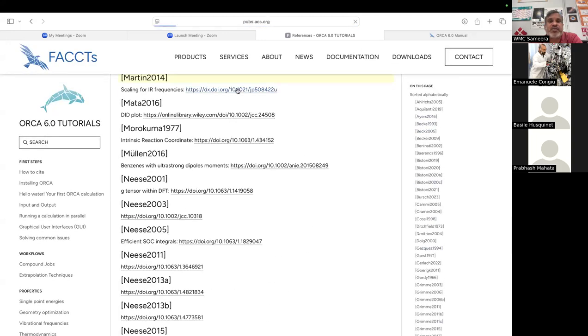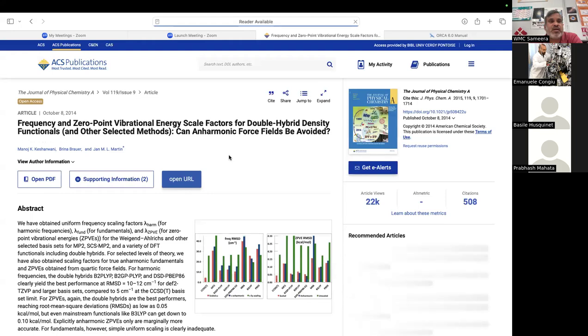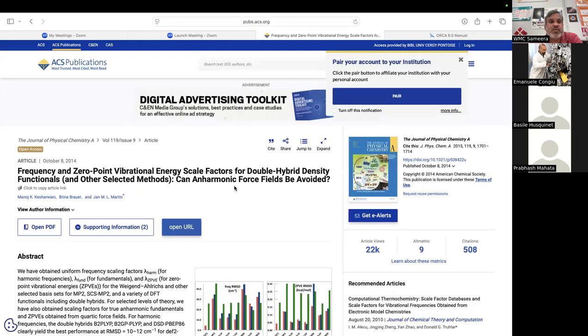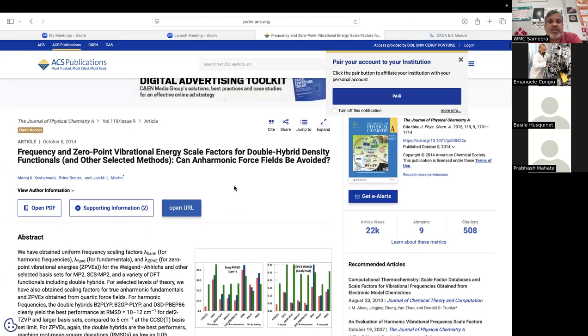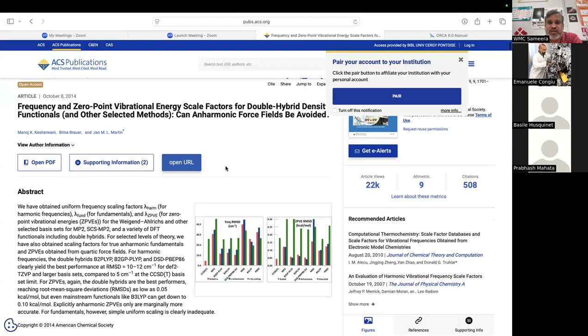They describe it. Yeah, so when we use DFT, it is an open access publication, so you can look at it. They discuss the scaling factor, which is important to correct the errors coming from frequencies.